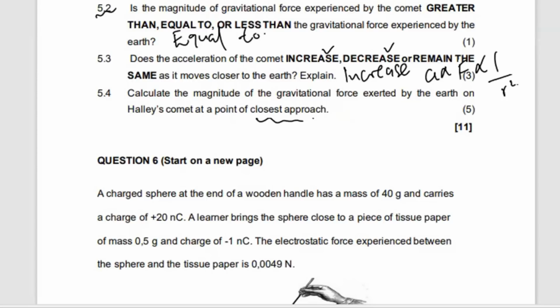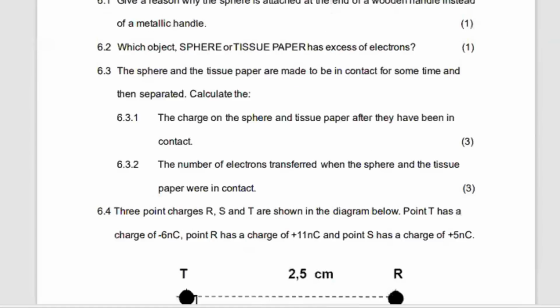All right, then 5.4, they want us to get the magnitude of the gravitational force exerted by the Earth on the comet at the point when they are closest to each other. Since they want the force, just use this formula. What is the G value?